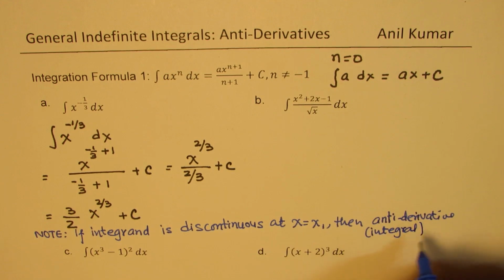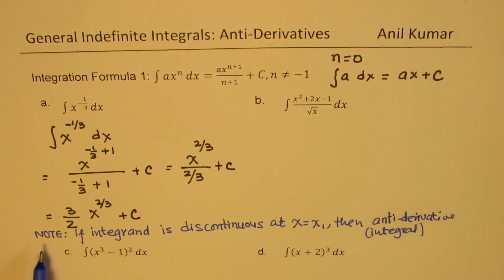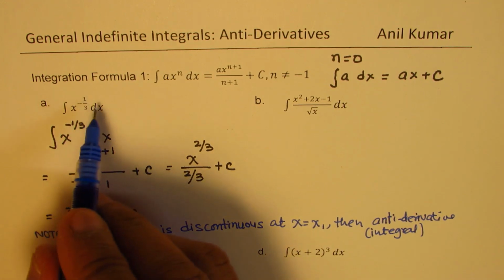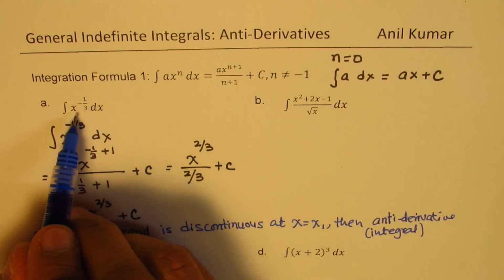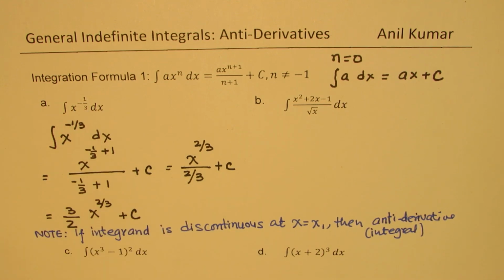So get used to these terms now, right? So if integrand is discontinuous at x equals to 1, which in this case is, at x equals to 0 it is discontinuous, correct? Then the integral can be, or you say can be continuous. Let me write here.